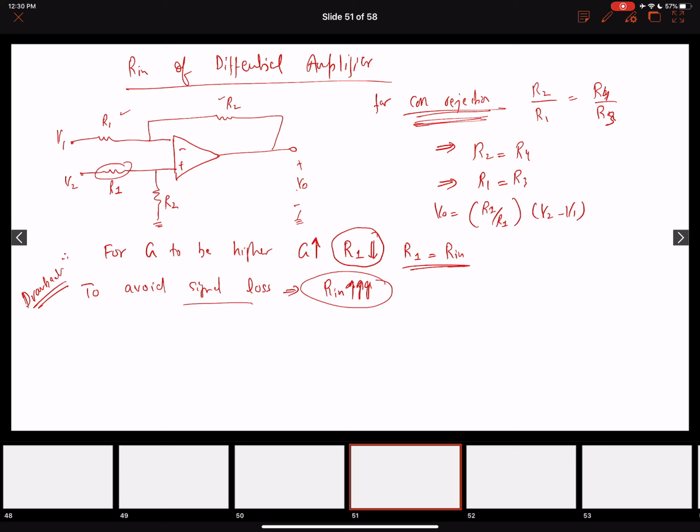Now in the next lecture, we are going to see how we can use an instrumentation amplifier, another application, to achieve the same thing. So we can solve this drawback by developing an instrumentation amplifier that we are going to talk about in the next lecture.